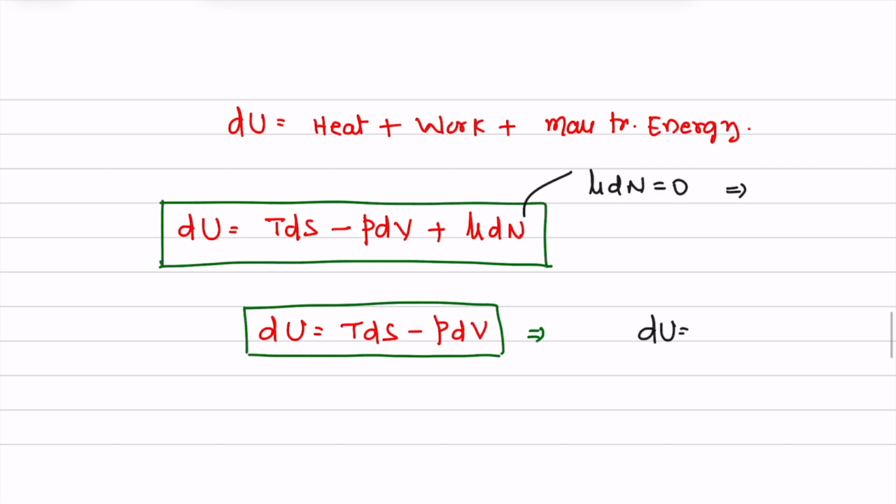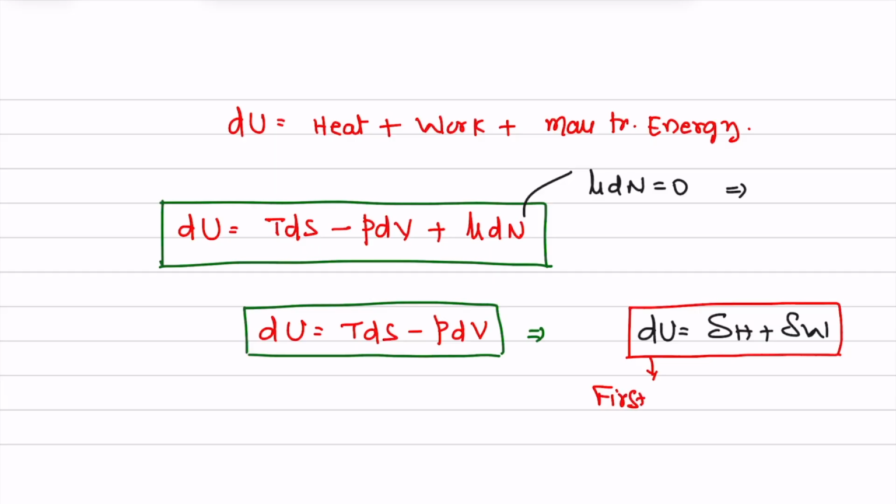du is equal to delta H plus delta W. This is the first law of thermodynamics. We got the first law of thermodynamics from the basics of the fundamental equation of thermodynamics.